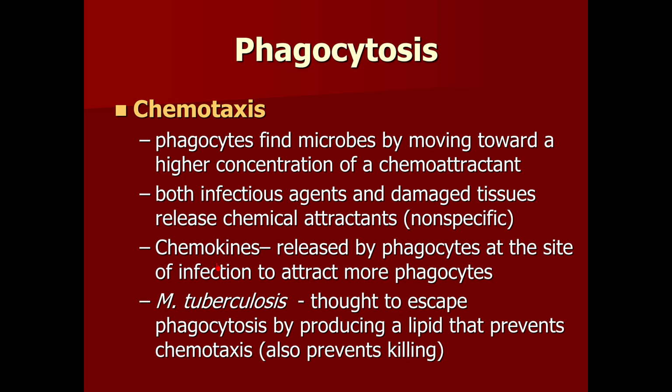Leukins means white, so these are molecules or signals, or phone calls, if you will, that occur between different white blood cell types. And different interleukins are different messages, right? And so these chemokines are released by these phagocytes, and they attract more phagocytes. So these phagocytes are making phone calls to other white blood cells by secreting these interleukins or chemokines.